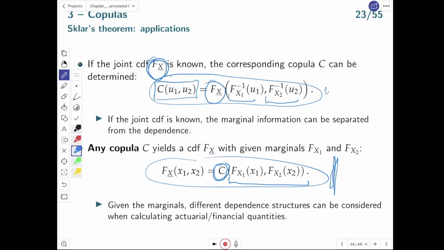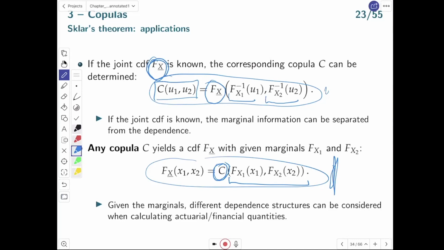Right? And for example, you can measure the risk using the joint CDF. So it means you apply a copula function, you get a joint CDF, you get an estimate of how risky your situation is. And then you replace the copula function with another copula function. You repeat again, you calculate the joint CDF, you measure the risk of your portfolio, right? And then you can see, well, what are the kind of good dependence structures?